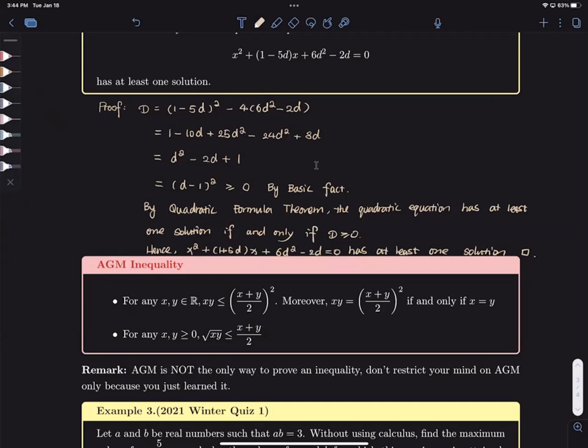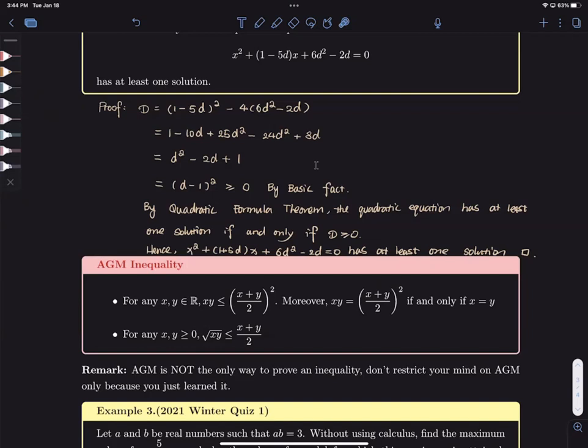And in the quiz, do we have to state the basic fact we use? I wouldn't deduct marks for you because basic facts are pretty clear. However, if you used something that's a theorem, for example the quadratic formula theorem or AGM, you should definitely say by AGM, by quadratic formula theorem.